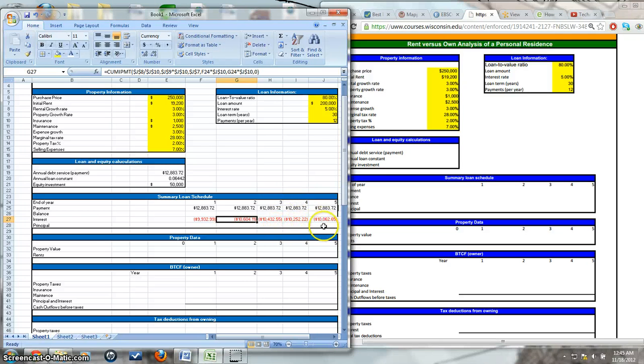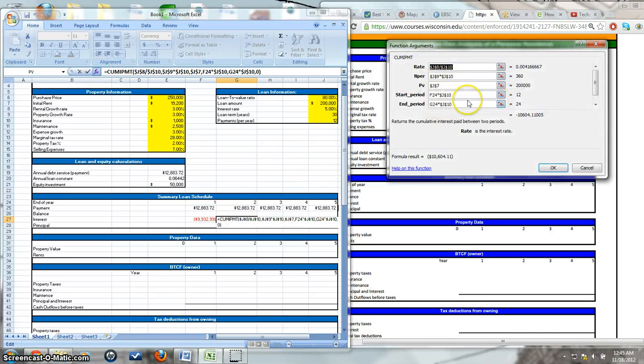And interestingly enough, it follows that pattern except for in the first period, which I'm not 100% sure why. I know why it is, because somebody made a real simple mistake, but that's okay. It can be corrected pretty easily. You want to make sure that you start in period 13, so plus 1 period.